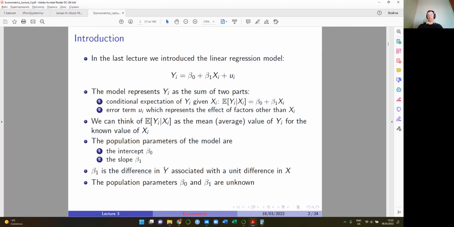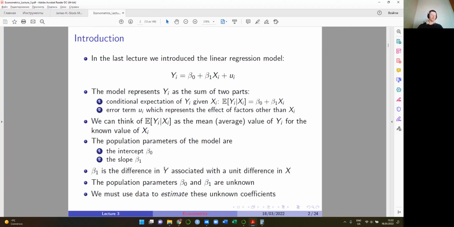These parameters are unknown, and we have studied in statistics that once some parameters of the population are not known, we must collect the data, and based on the random sample, we must estimate these unknown parameters. And that's what we are going to do today.